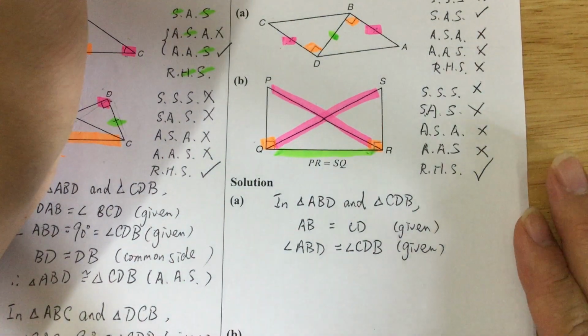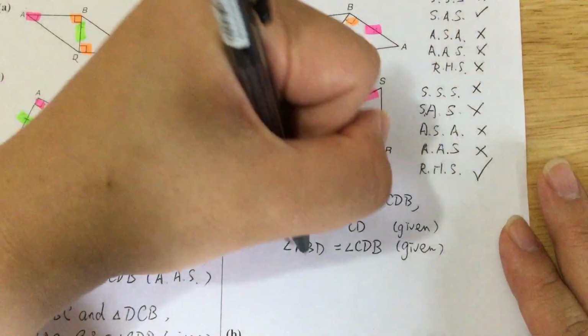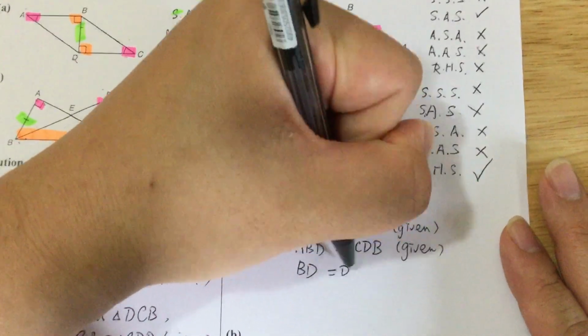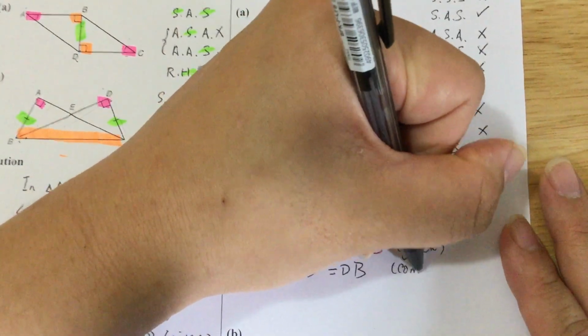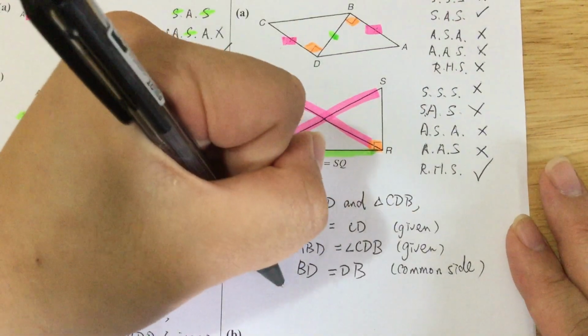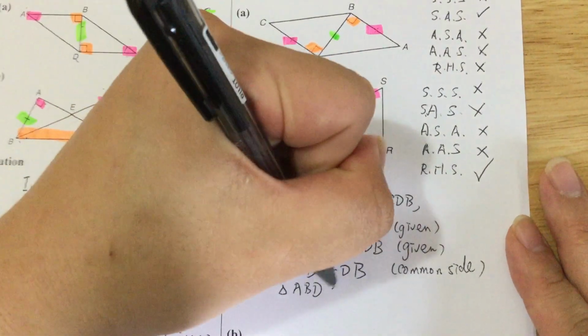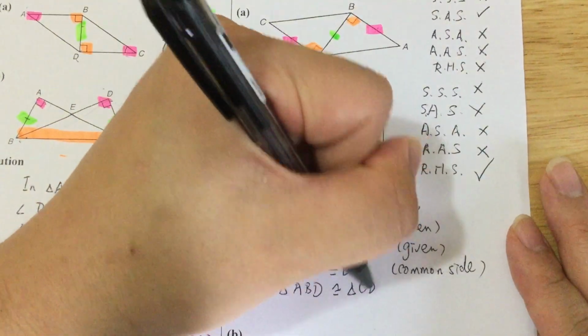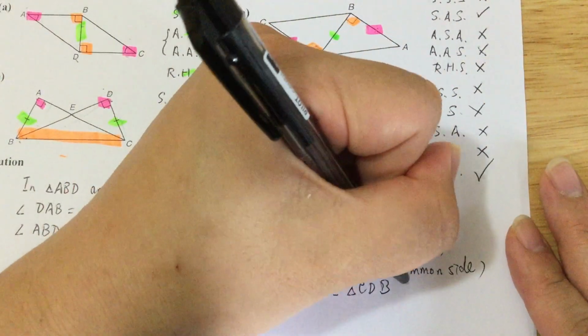This one is SAS, no need to write it down. And finally, BD equals DB. This one is the common side here. So the reason here is that triangle ABD is congruent to triangle CDB. This one is SAS.